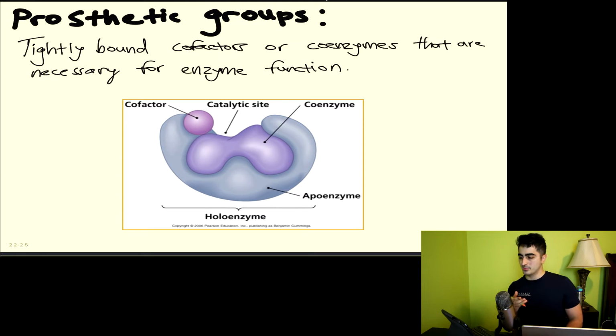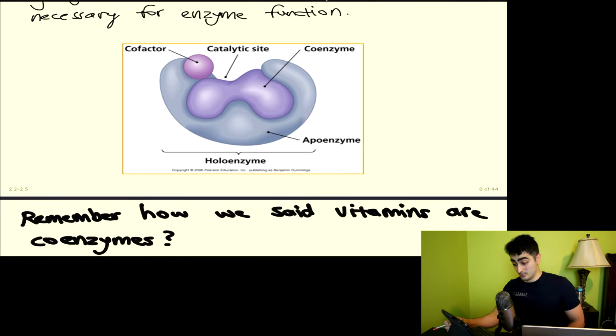We'll see that hemoglobin needs an iron prosthetic group in order to bind oxygen. But it's just something to have in the back of your mind right now. I guess I just put in this diagram to show you where the cofactor is. So moving on.